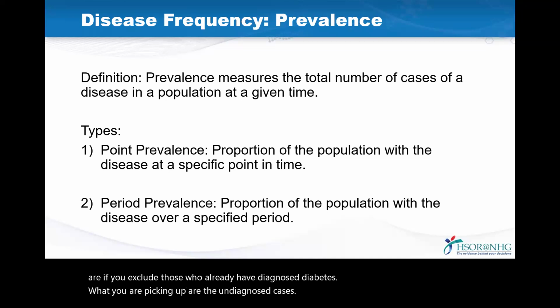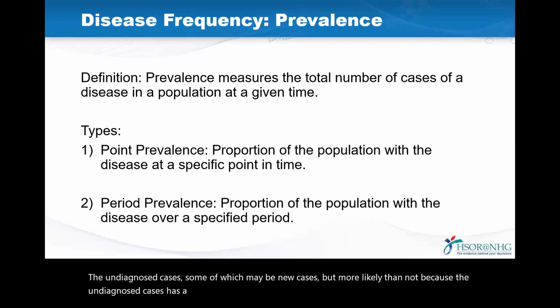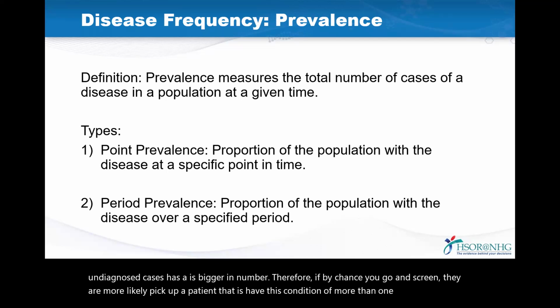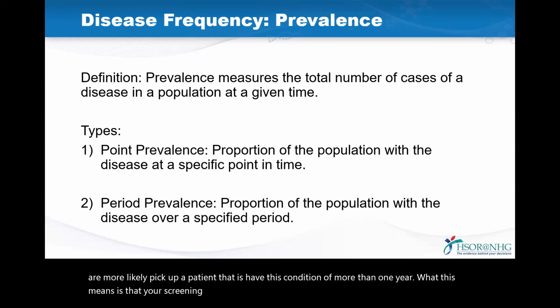Some of which may be new cases, but more likely than not, because the undiagnosed cases are bigger in number, if by chance we go and screen, you're more likely to pick up a patient that has had this condition for more than 1 year. What this means is that your screening program most likely will pick up patients that are sicker than new cases.